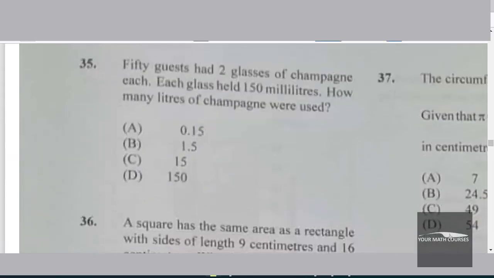50 guests had 2 glasses of champagne each. So together we have 2 times 50 glasses, which is 100 glasses. Each glass held 150 milliliters.